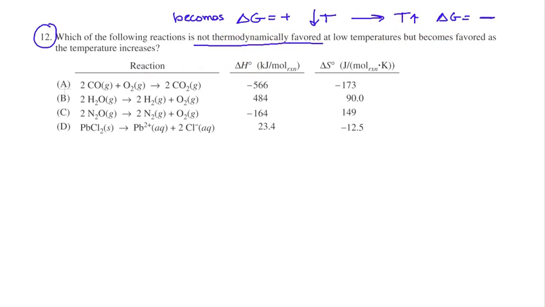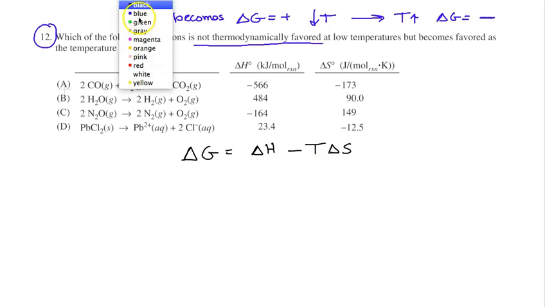So what we're going to start with is our formula. Delta G, and this is right off your reference table, is delta H minus T delta S. Okay, now low temperature. This is what we're going to affect. We want to make this low temperature. Now think with me just the way the formula is.